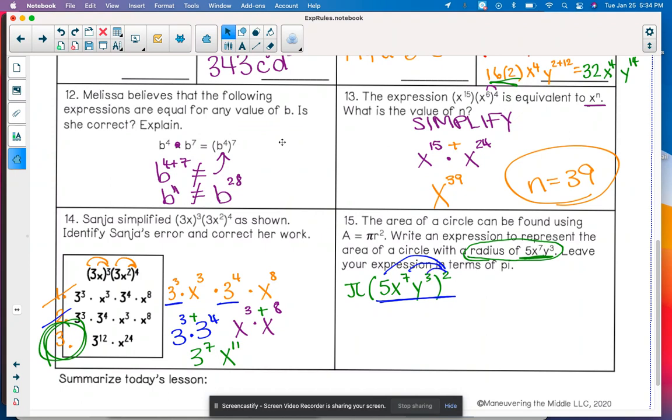Again, multiply your exponents together. So we get 5 squared x to the 14th y to the 6th. And if I want to simplify this further, 5 times 5 is 25, x to the 14th, y to the 6th. And lastly, bring down pi. And this is the correct answer.